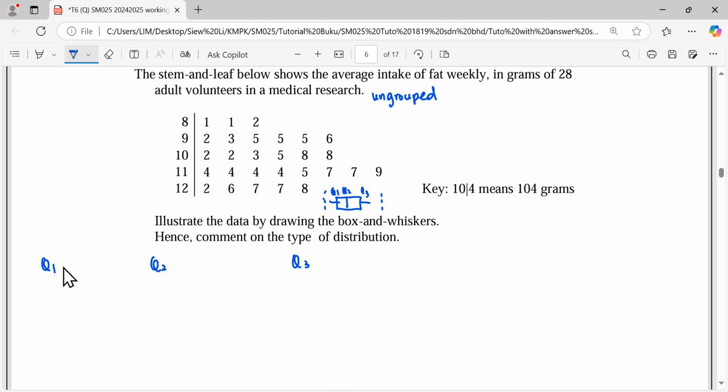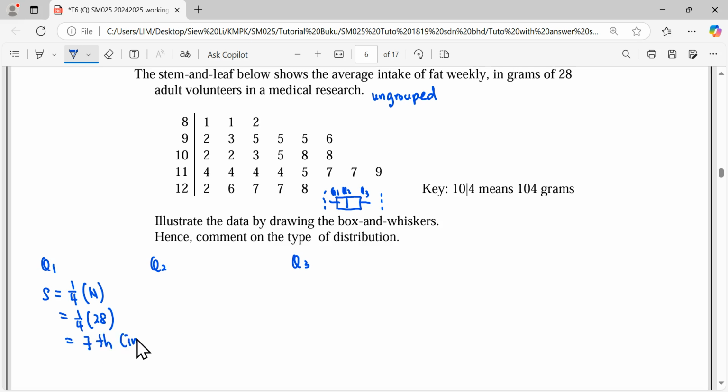So we go for the first quarter first. First quarter, second quarter, third quarter, all is about measurement of location. For ungrouped data, measurement of location is calculated on its position. For the first quarter, it will be 1/4 times the data n. We look at the position here. So this data is about 28 data. And 1/4 times 28 is 7.